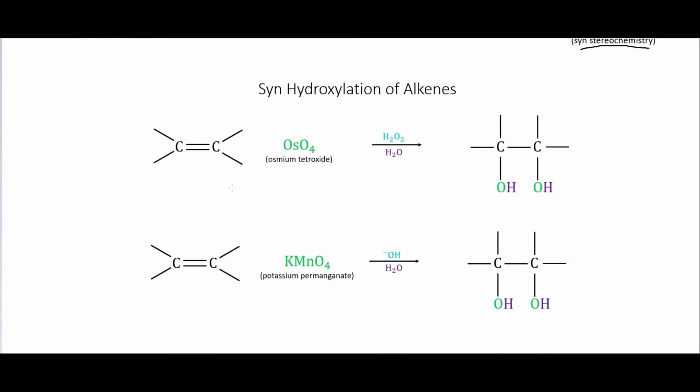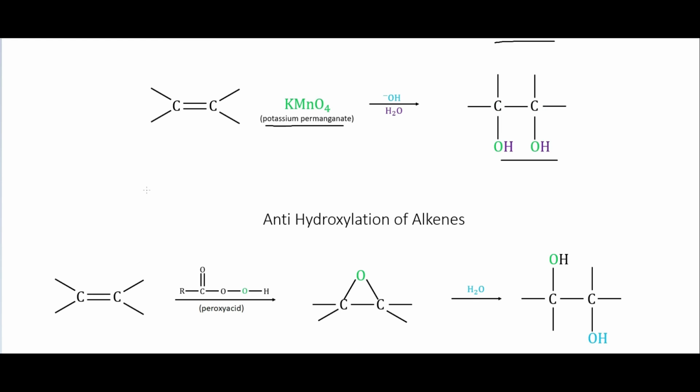So we can also do syn hydroxylations of alkenes using oxidizing agents like osmium tetroxide and potassium permanganate. And so we will end up with 2 hydroxyl groups on here. So we end up with diols with them in the syn orientation, so they're added to the same side of our alkene.